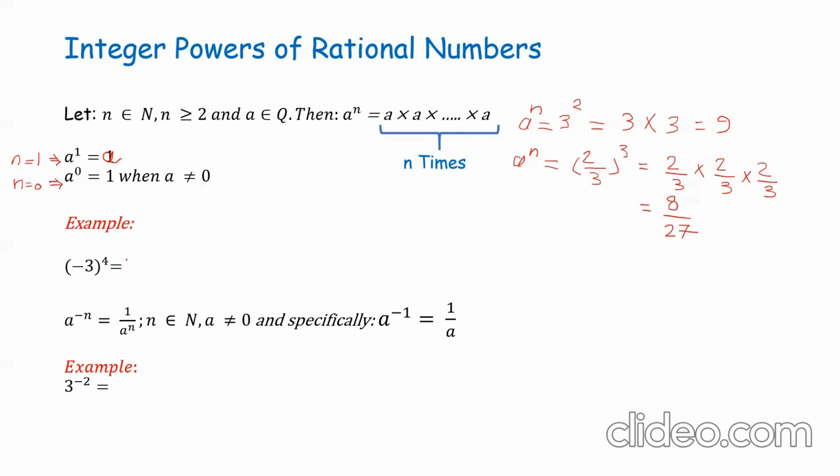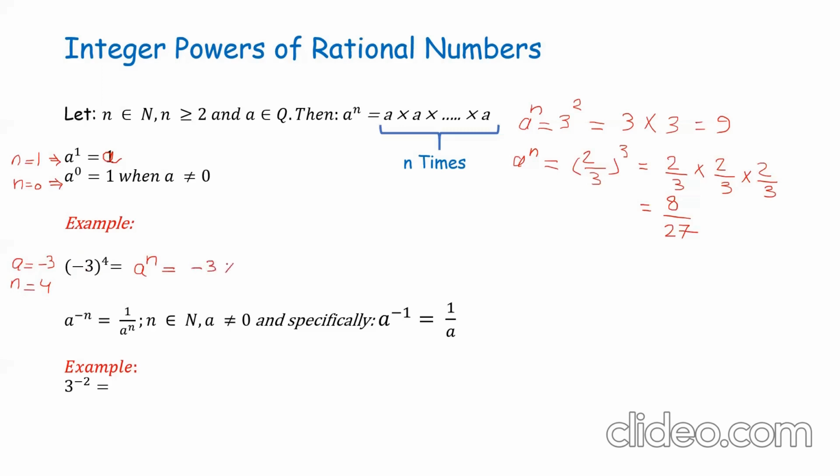Let's take another example related to the previous definition, minus 3 to the power of 4. In this case, we have a equals minus 3 and n equals 4. So minus 3 to the power of 4 equals a to the power of n, and this is equal to minus 3 multiplied by itself 4 times.